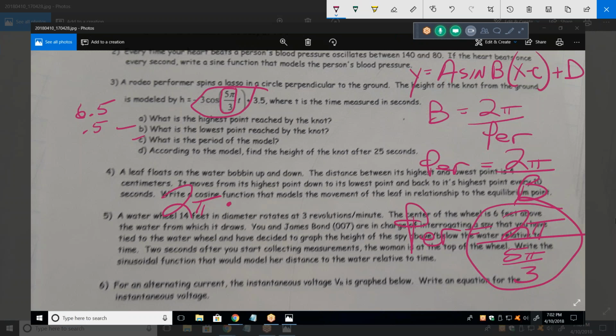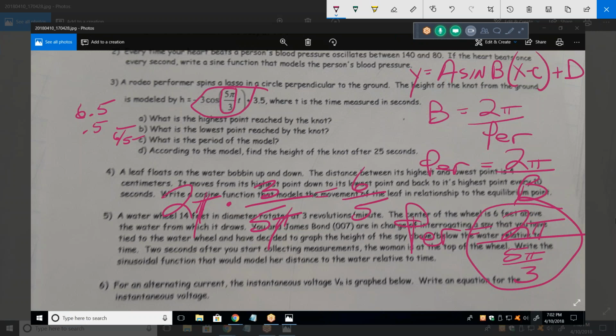How do we do that? Right. Flip the bottom over, so it's 3 over 5 pi. Now, good things happen. Pi's cancel, and you end up with 6/5. That is the period.